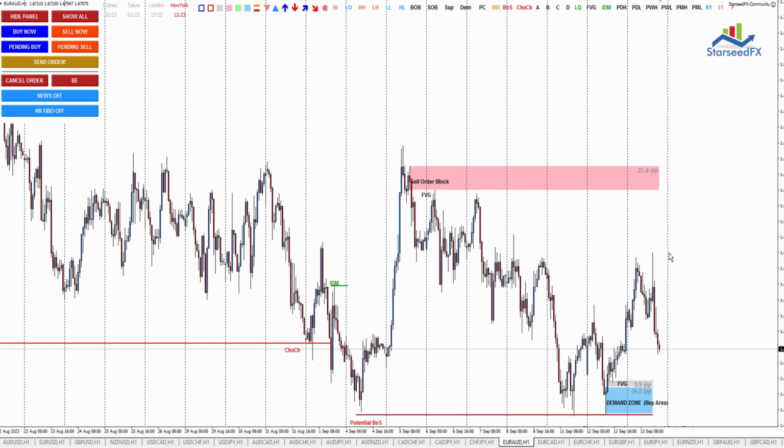Which means it is okay to trade the fair value gap. But how to trade it? Well, trading the fair value gap is exactly the same as trading the order block alert. We will follow exactly the same checklist setup. So let's go to TradingView and see how to trade this fair value gap and profit from it.